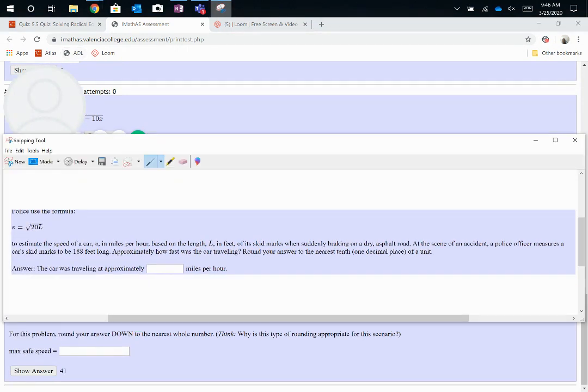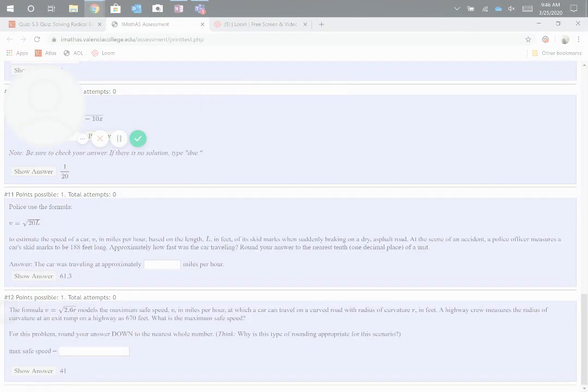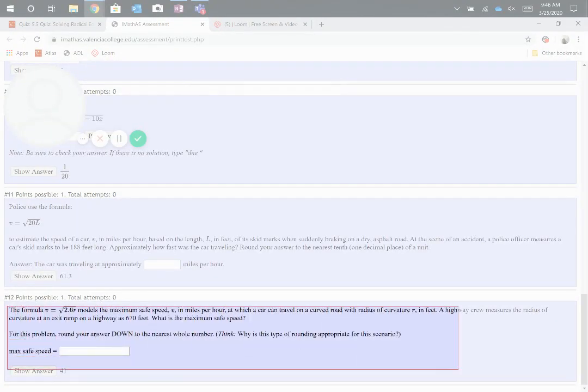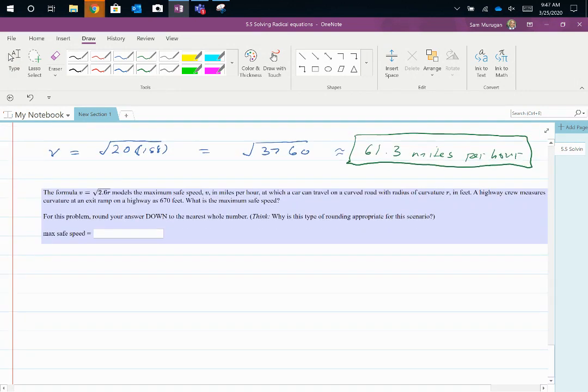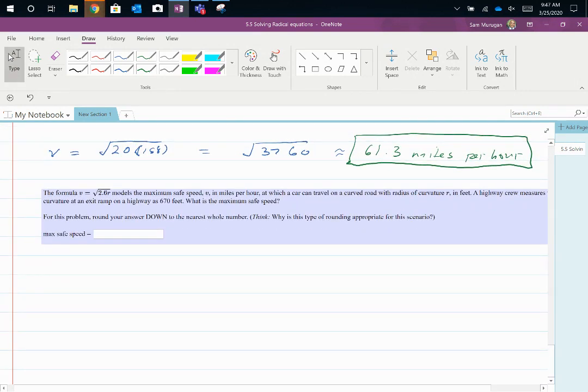I'm going to snip this problem. Paste it in here. The formula V is equal to the square root of 2.6R models the maximum safe speed V in miles per hour, at which a car can travel on a curved road with a radius of curvature R in feet.